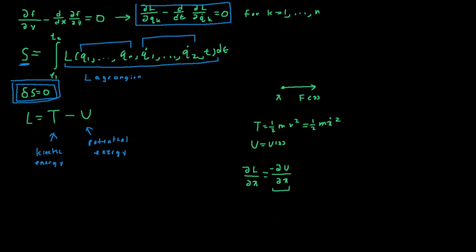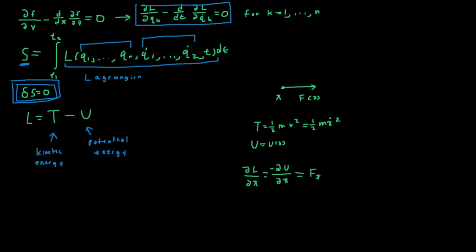And what you may recall is that force is defined as minus the gradient of U. So this is pretty much just saying that this is equal to the force.